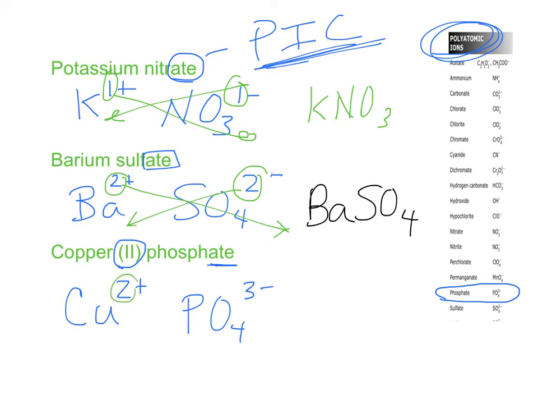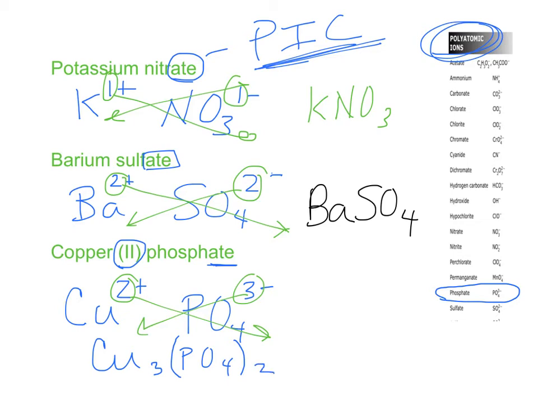So I take my 2 and cross it, I take my 3 and cross it, and what you would end up with is Cu3 PO4. Now here's what's really, really important. I need to put the phosphate in parentheses, and then I'm going to put my 2 here.